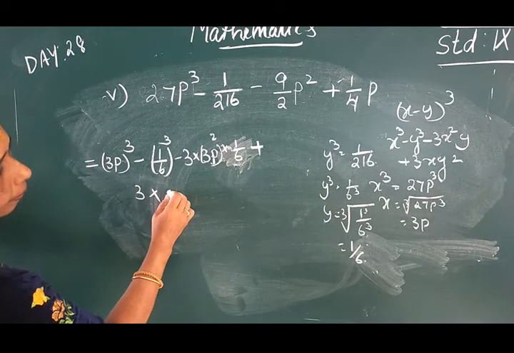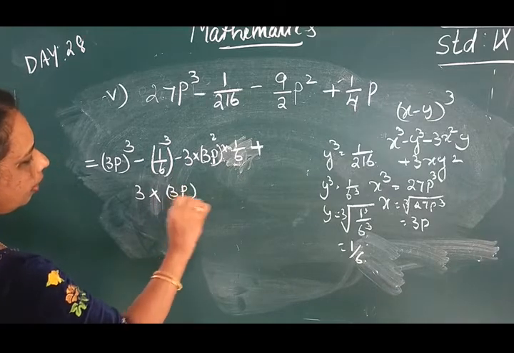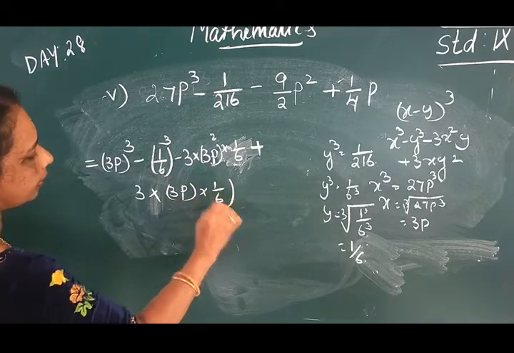X is 3p and y square is 1 by 6 the whole square.